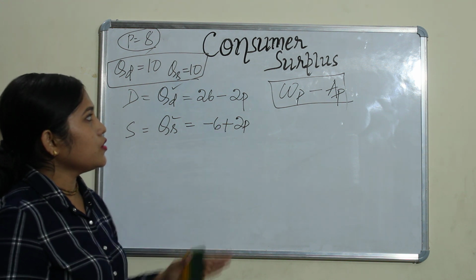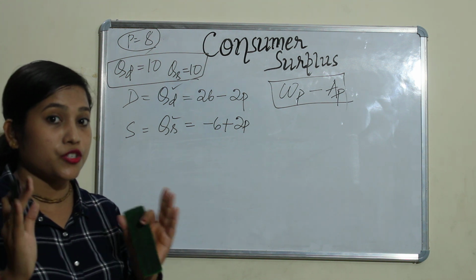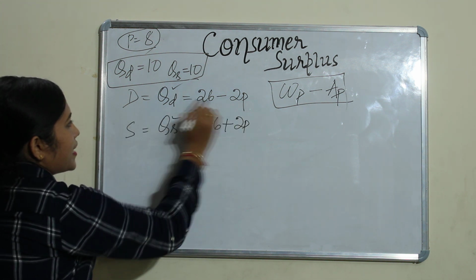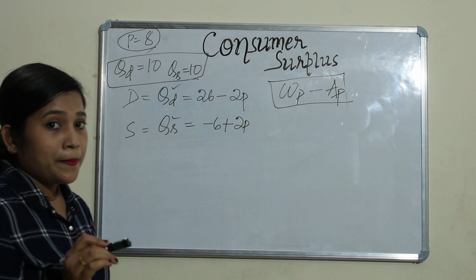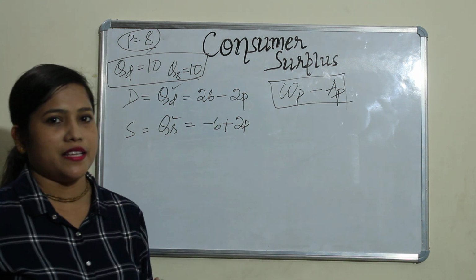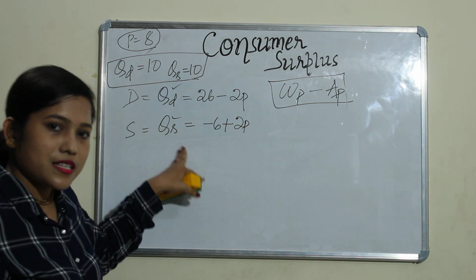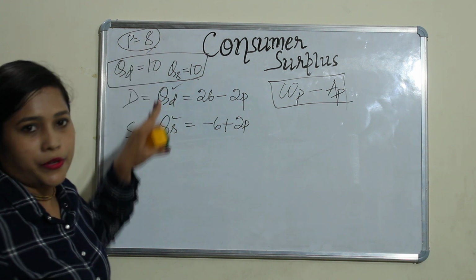Another thing, let me tell you: consumer surplus we are about to find out, so our focus should be on the demand equation only. Why? Consumer only demands, the producer supplies. So there is no point in using this equation. This equation is given just to find the equilibrium point.